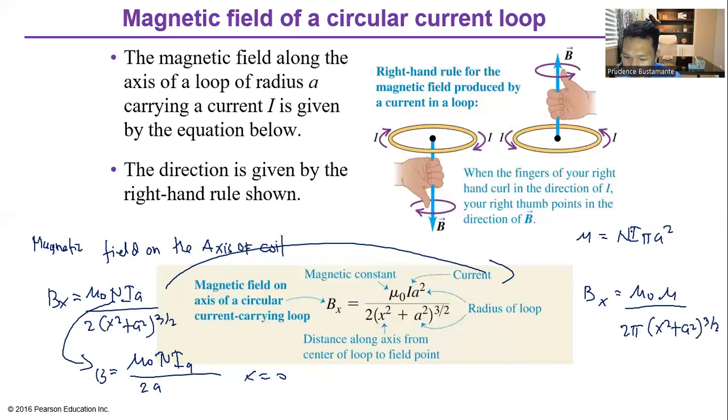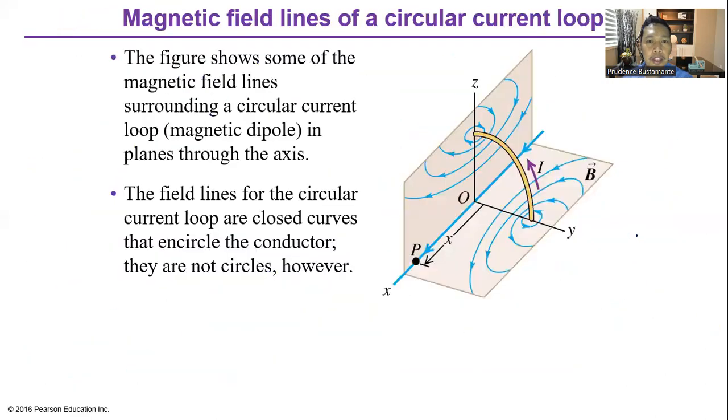So from this, for a single loop, it is equal to I pi a squared. Okay, so that is the magnetic field of a circular current loop.